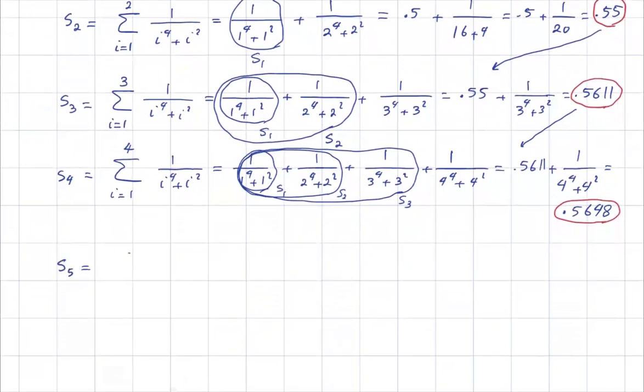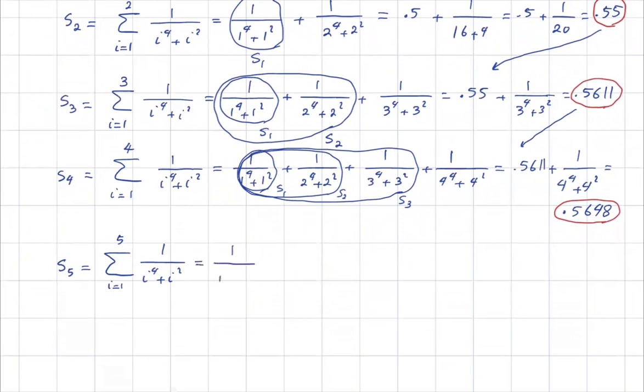S sub 5 is the summation of the first 5 terms. This is 1 divided by I to the 4th plus I squared. I starts from 1, now stops at 5, which is equal to the same process.